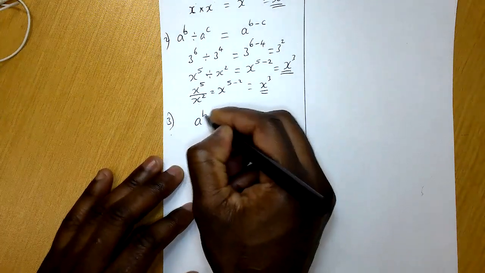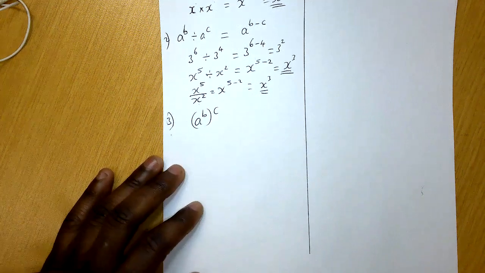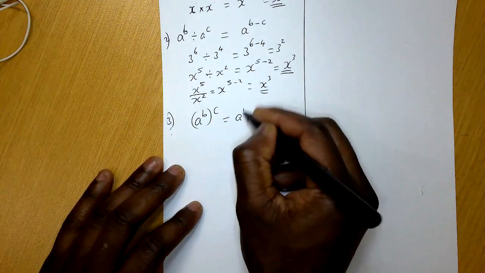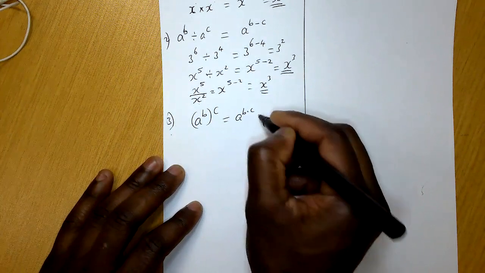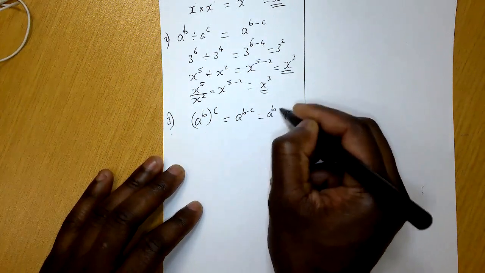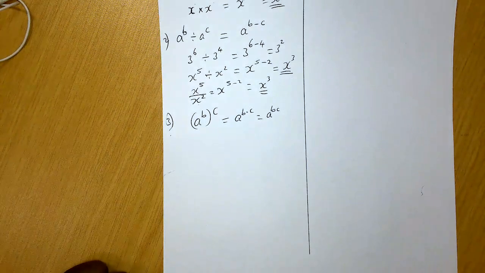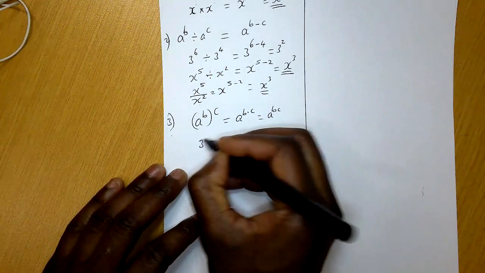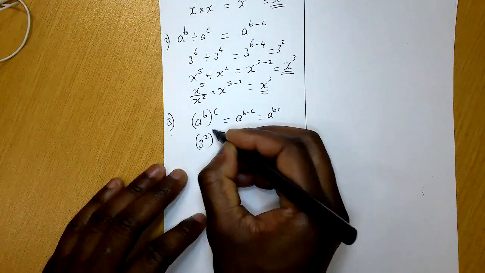a to the power of b, all raised to the power c, means it's a to the power of b times c, which is equal to a to the power of bc. For example, 3 to the power of 2, in a bracket, to the power 3.